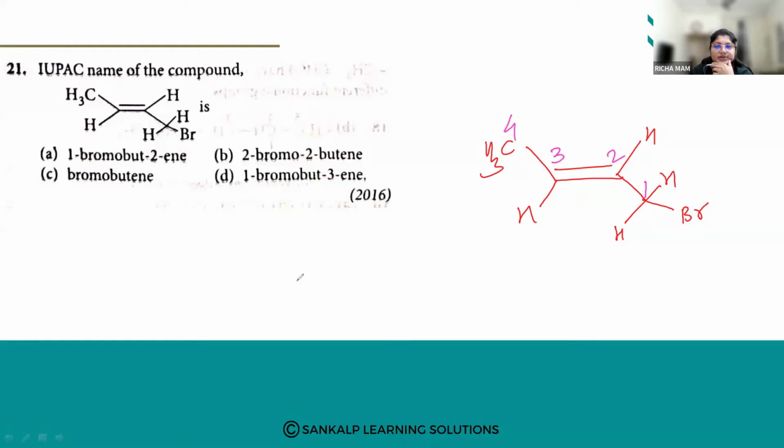This is the longest carbon chain, so we have taken it as the parent chain. It is an alkene. So you have 1 bromo, then but, then at the second position you have ene. So it is option A, 1-bromobut-2-ene.